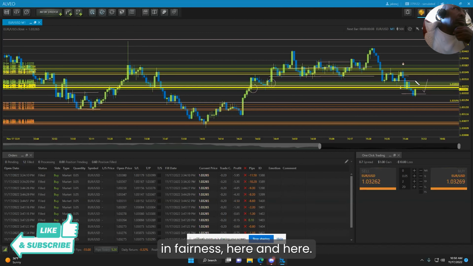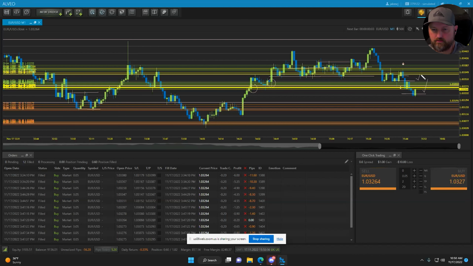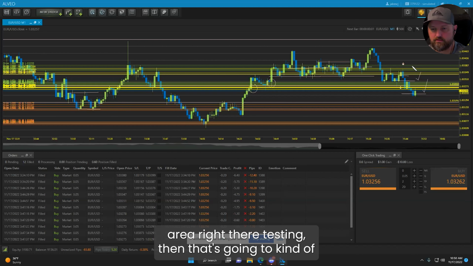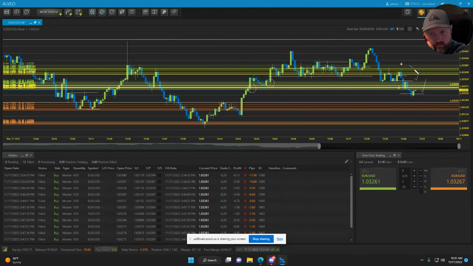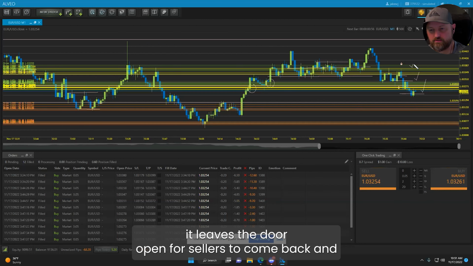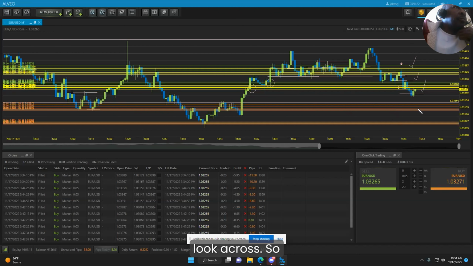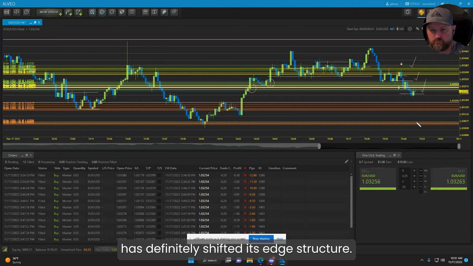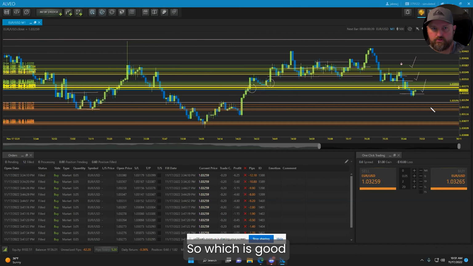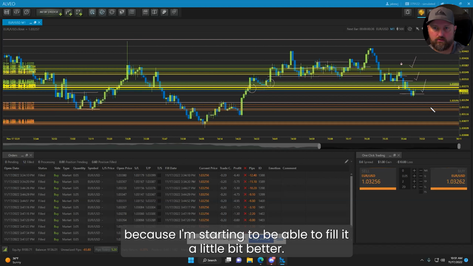That's okay. So if it fails to cross that area right there it's testing, then it leaves the door open for sellers to come back in. Okay. Pull across here. And the market has definitely shifted its structure, which is good because I'm starting to be able to feel it a little bit better.